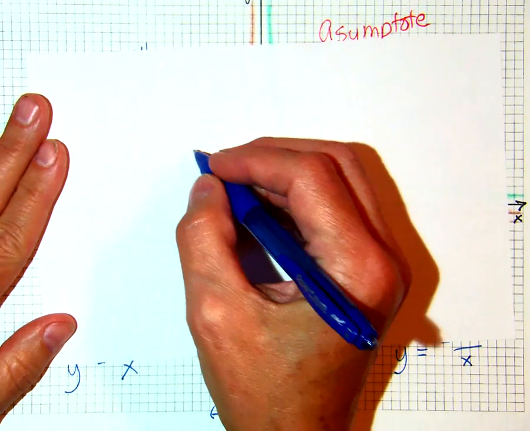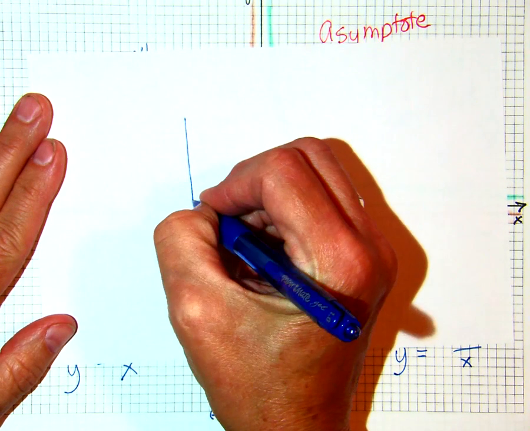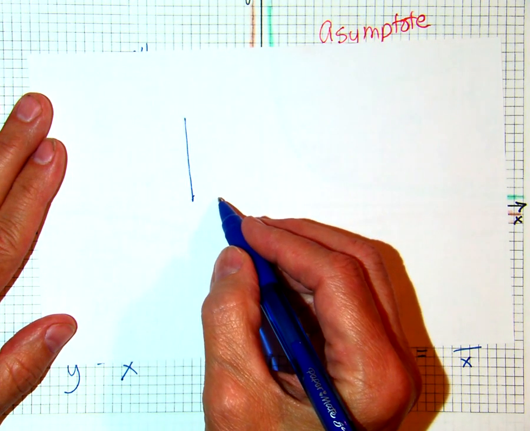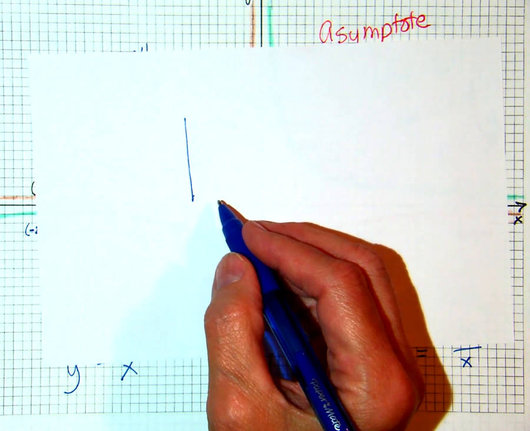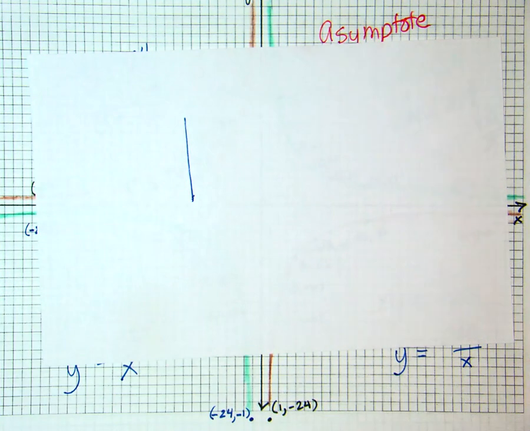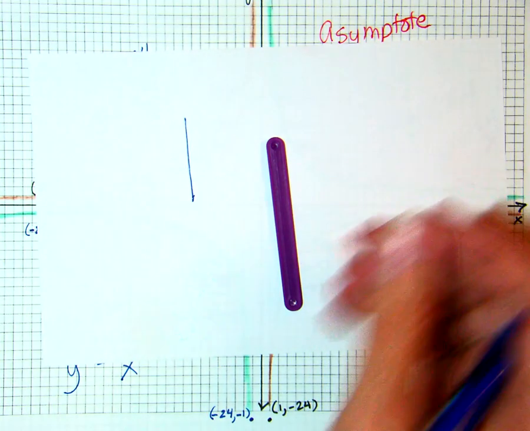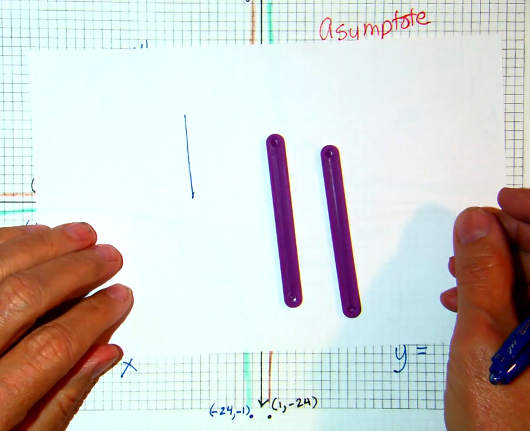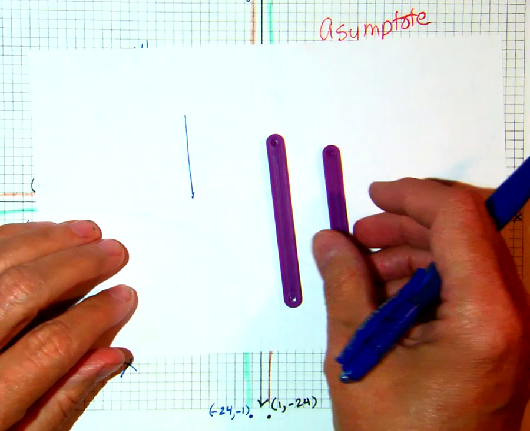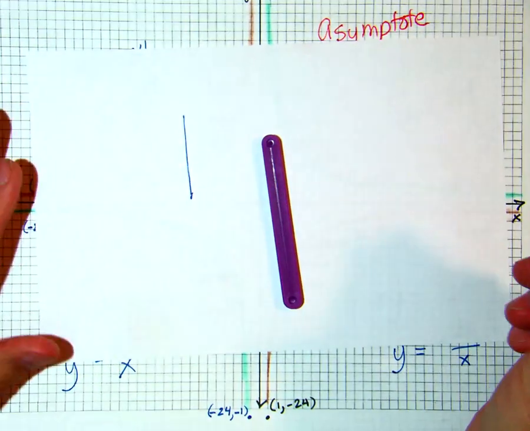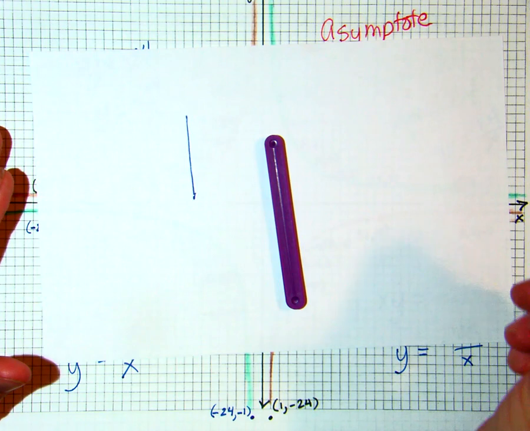Here's my width, and here's the other width. What's the distance between them? 0. That doesn't make a rectangle. All it makes is a purple stick.